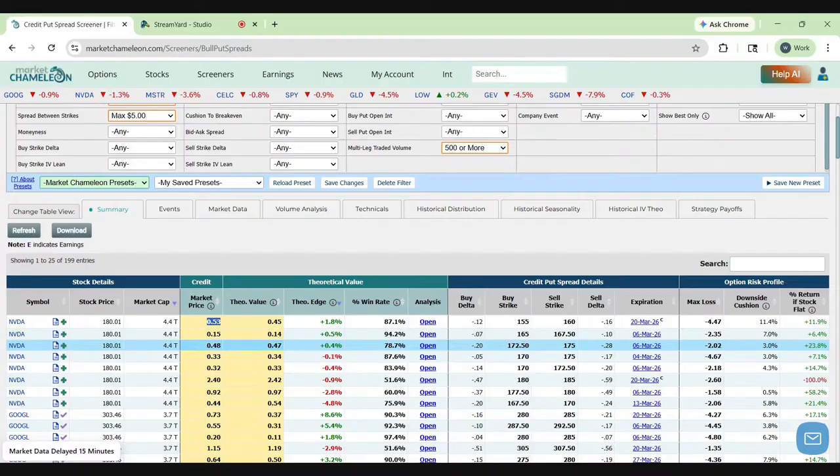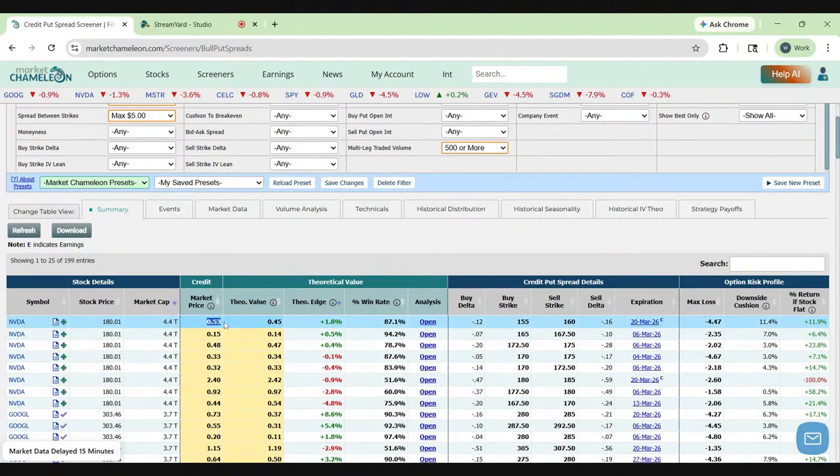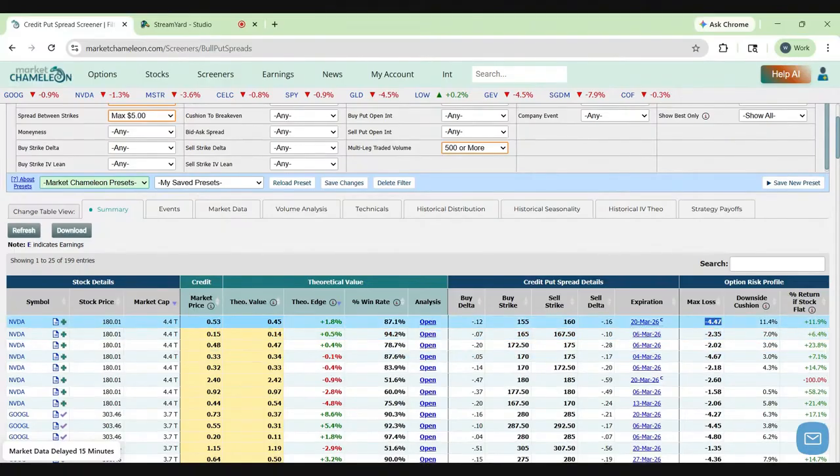If we analyze it from the best price we could sell it, because a credit put spread, you're selling it on a bid, so we're looking at the bid price, that would be our potential reward. And our potential loss would be the difference between these strikes, which is $5.